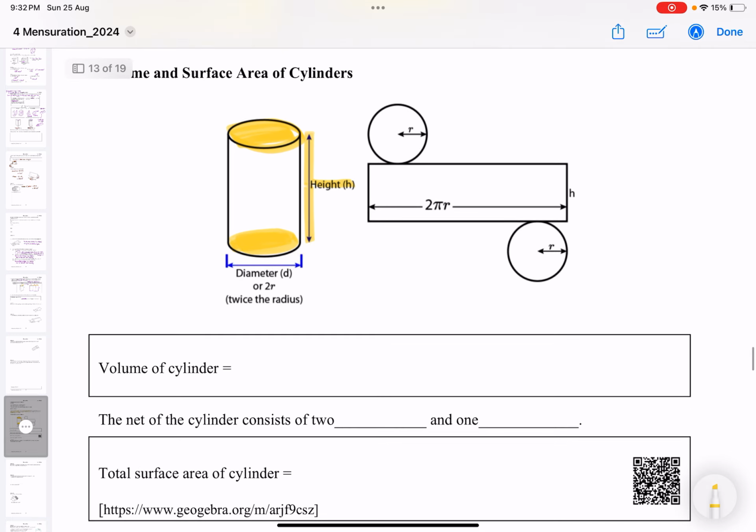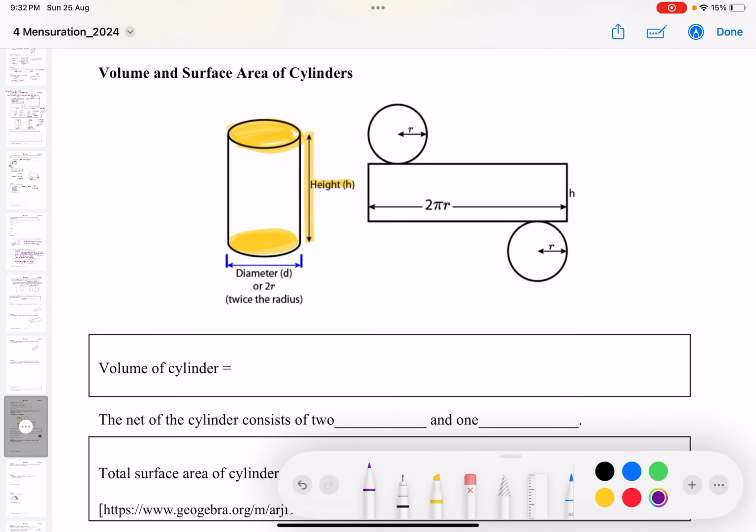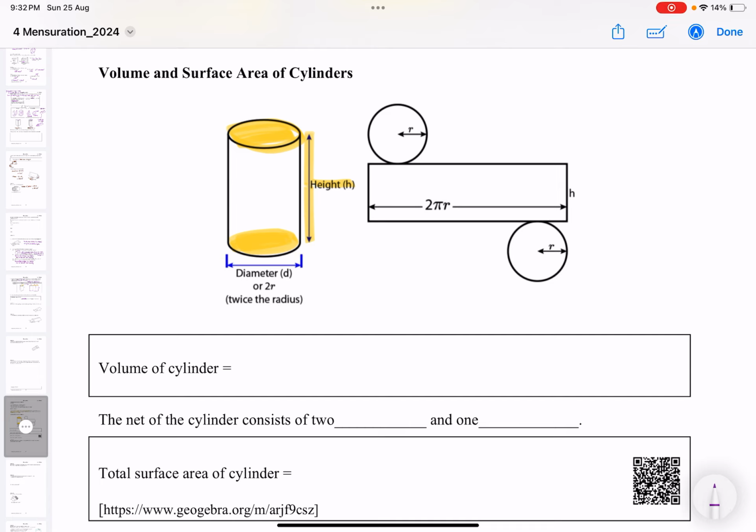So let us look at the volume formula for cylinder. Now for prism, we learned that the formula for volume of prism is the base area multiplied by height. So a cylinder is also a special type of a prism. So in that sense, the formula still applies. It's base area times height.